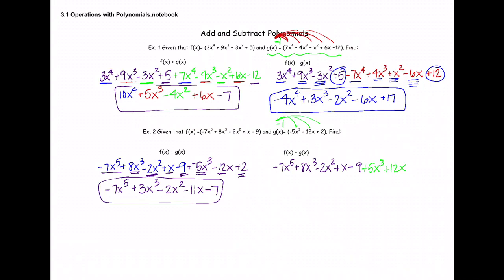Negative 1 times 2 gives us negative 2. When we combine our like terms, we have negative 7x to the 5th power, 5x cubed and 8x cubed gives us plus 13x cubed, minus 2x squared plus 13x minus 11.